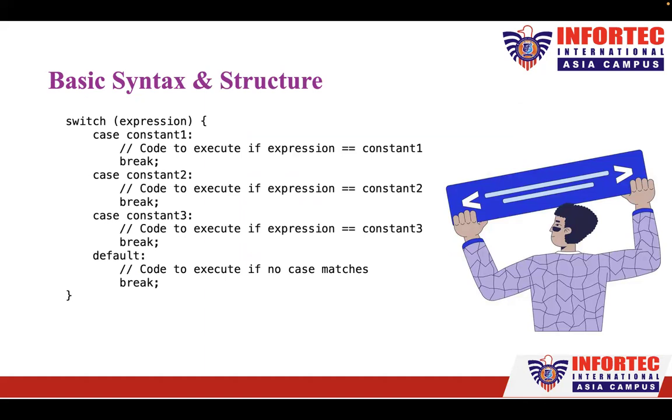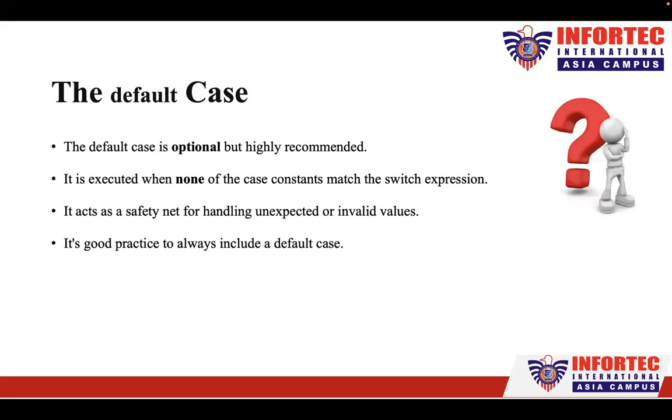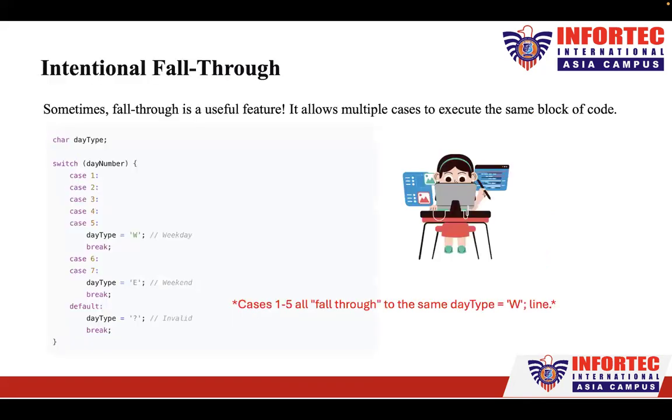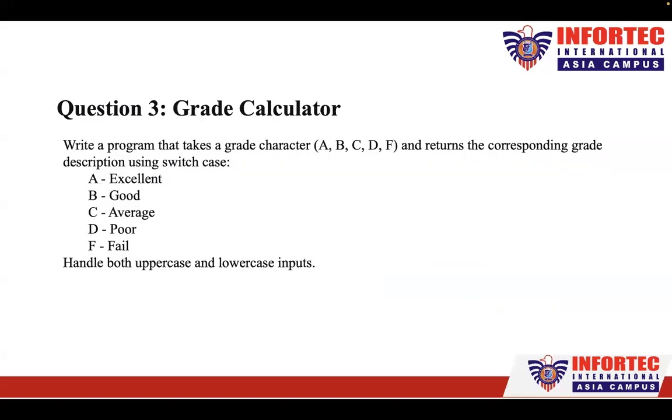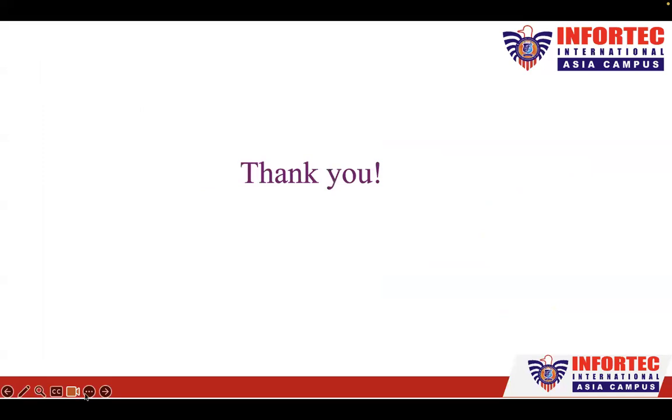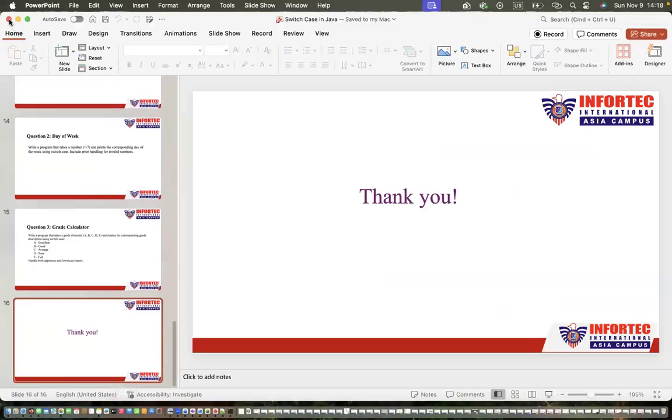First, we write the word switch, and within brackets, we write the expression, and then we have some conditions to check. So this is what we call a switch case statement. I will show you an example to understand this, right? I have given you a few questions to do. So that is the switch case statement.